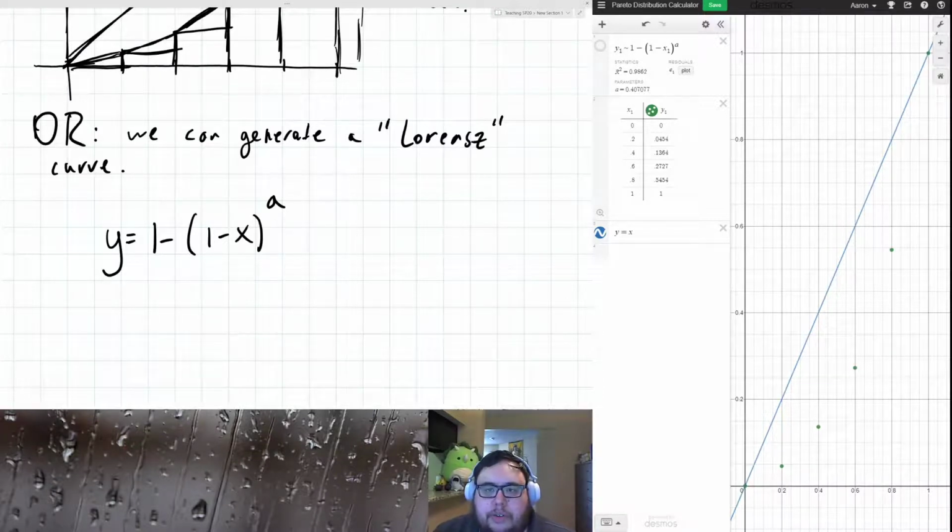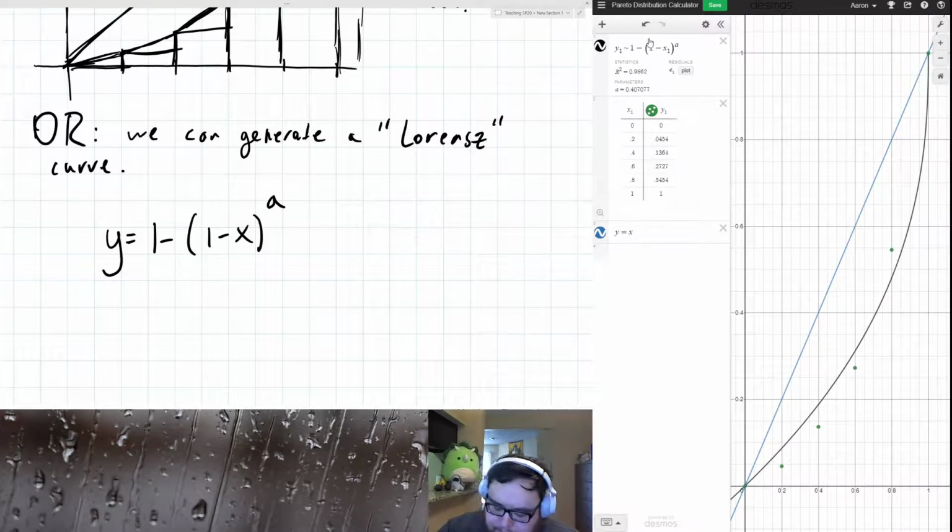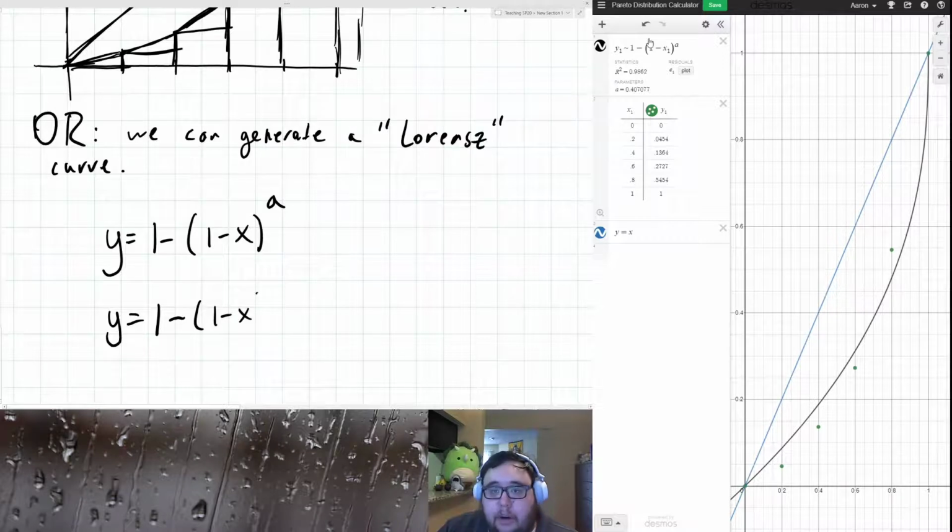So for this curve here, when we try to fit it to that curve, we end up with y equals 1 minus x to the power of 0.407.